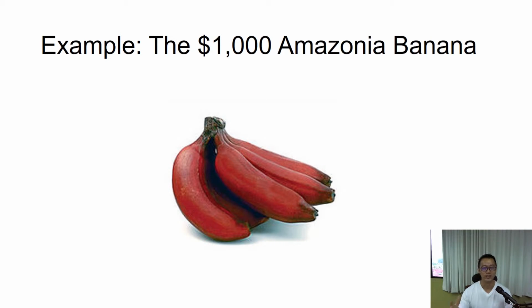If you eat a banana regularly, you look younger, you burn fat without going to the gym, and you put on muscle without painful hours at the gym. So you look like a goddess or a Greek god once you take this Amazonia banana for a period of time. That's why it costs $1,000.